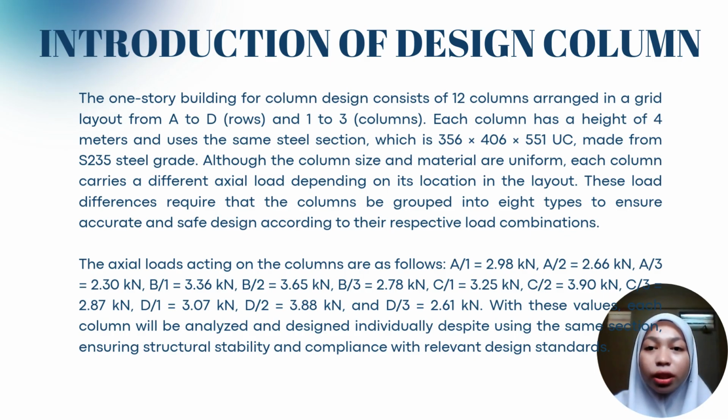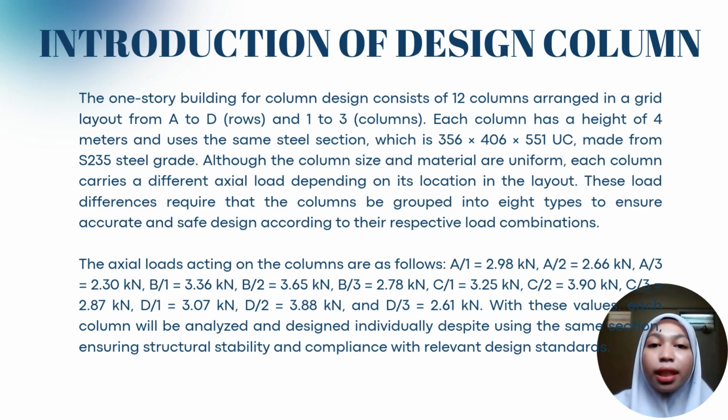For the introduction, the one-storey building for column design consists of 12 columns arranged in a grid layout from A to D rows and 1, 2, 3 columns. Each column has a height of 4 meters and uses the same section, which is 365 x 406 x 551 UC, made from S235 steel grade.